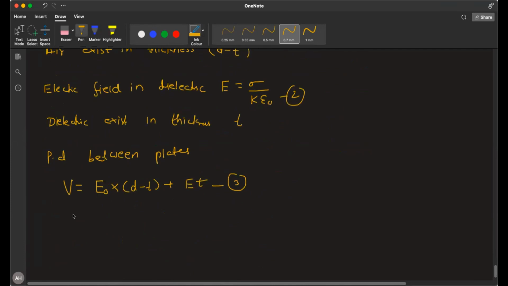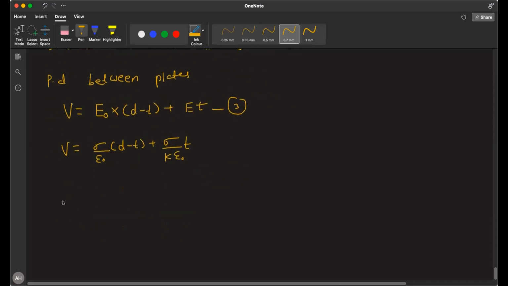When I substitute the values, E naught will be sigma by epsilon naught times D minus T, plus sigma by K epsilon naught times T. You can take sigma by epsilon naught as constant, and I'll be left with D minus T plus T by K. How much is sigma?